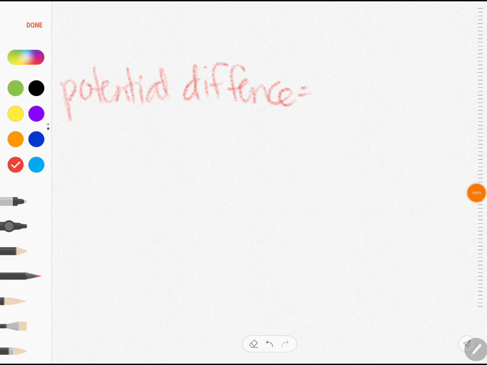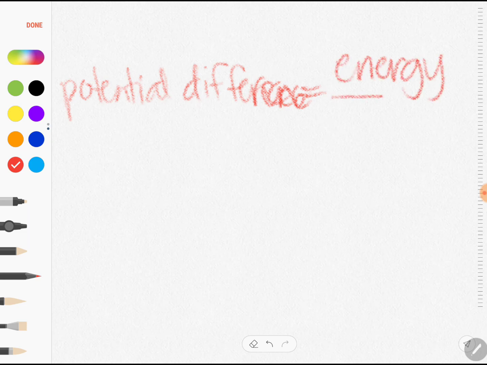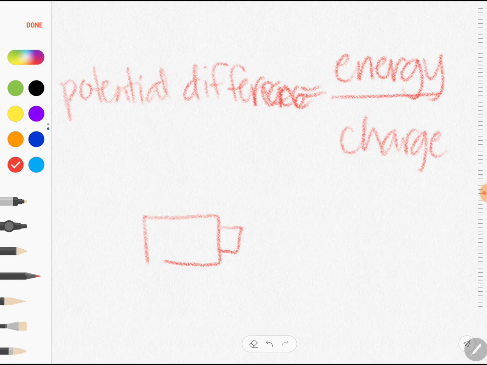Okay, so now that we have understood what the potential difference is, sorry for the spelling, how do we now define potential difference? Potential difference is the amount of energy that a single charge carries. So remember this one. For example, this battery has 1.5 volts.